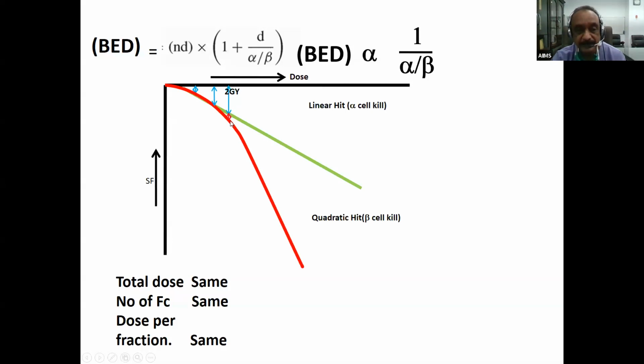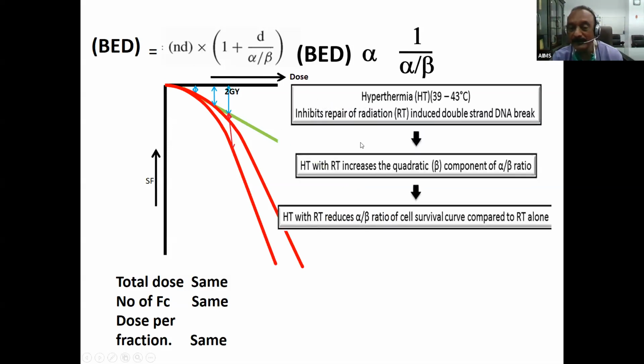Now, if by any means you increase the steepness of this cell survival curve, which means you sensitize the cell line, then you will have a steep curve. And now at 2 gray, you see the contribution by beta has increased. And this exactly is done by one process which many centers are using, that is hyperthermia.